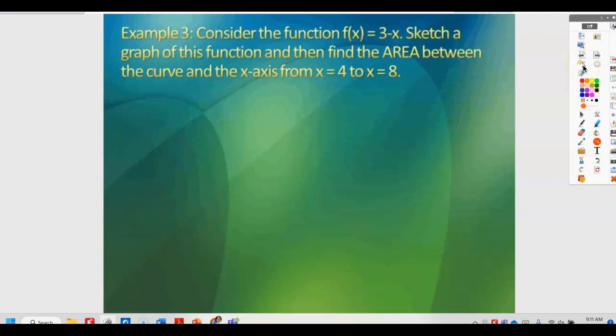Consider the function f of x equals 3 minus x. So this is linear, y-intercept at 3 with a negative slope.